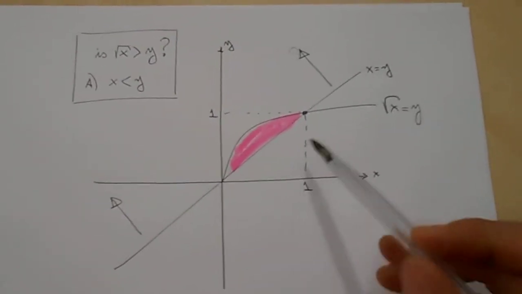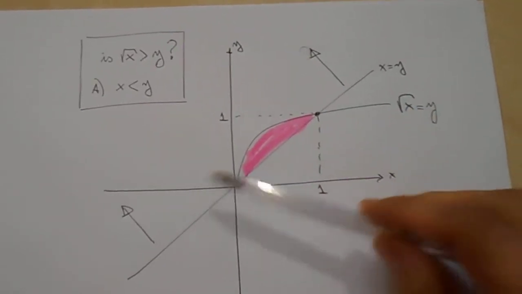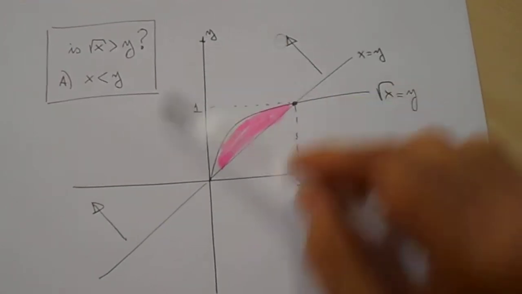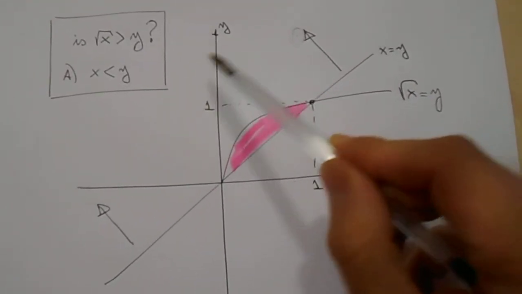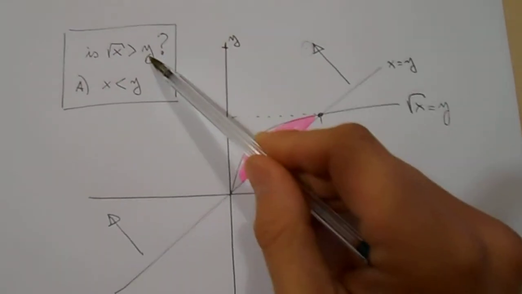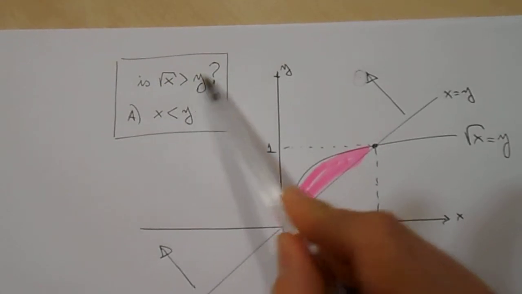Why? Because statement A is defining all the points that are on top of the line. If I pick the points that are here, here, here, and I try to answer the question, is square root of x bigger than y?